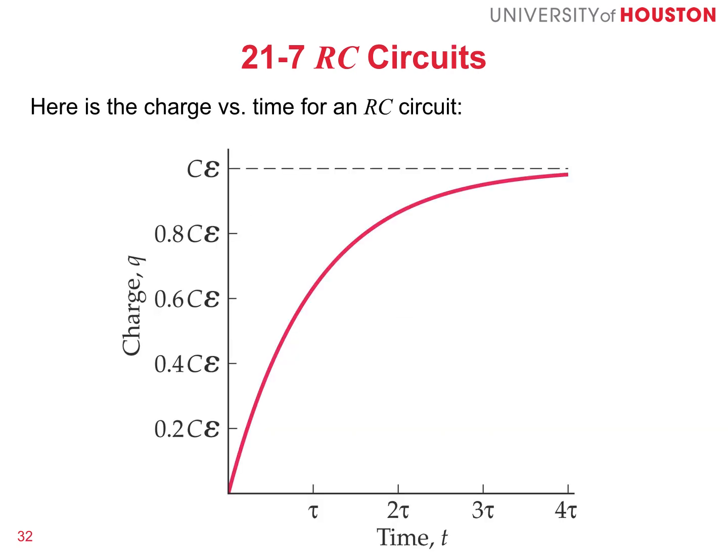Here we show the charge as a function of time on a capacitor in an RC circuit. Time is shown in terms of tau on this graph on the x-axis, and the charge on the capacitor is shown in terms of the total charge, which is the capacitance times the EMF.